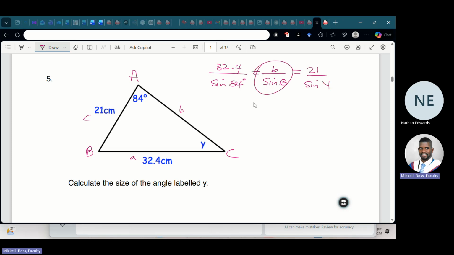Can't use this one. So it's going to be 32.4 over sine of 84, equals 21 over sine y. So 32.4 times sine y is equal to 21 times sine of 84.